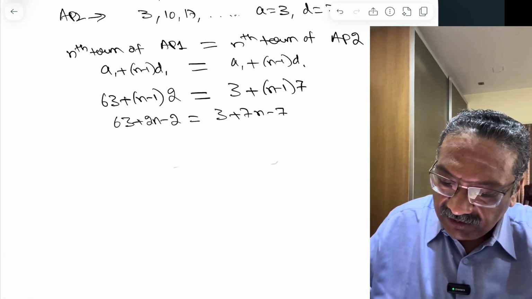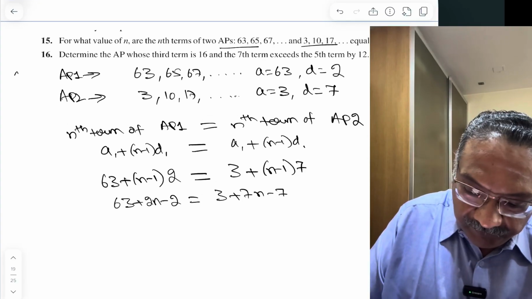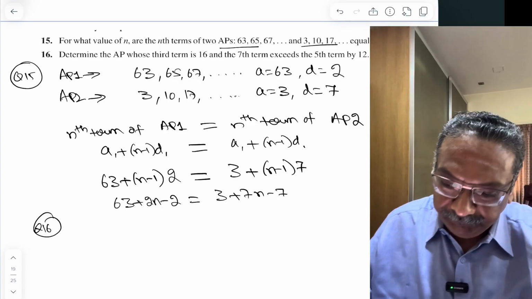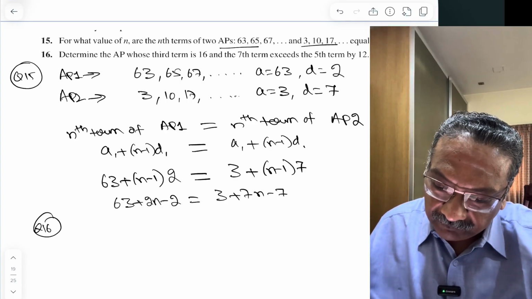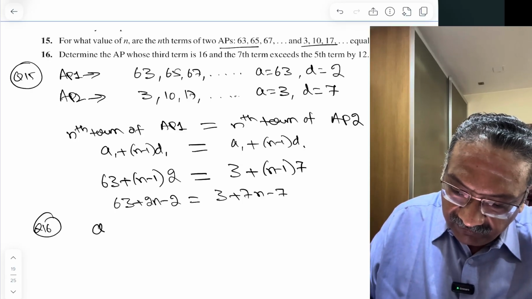Let us do the next question, which is the 16th question. What does the 16th question say? Determine the AP whose third term is 16. Let us write that. What they have given?